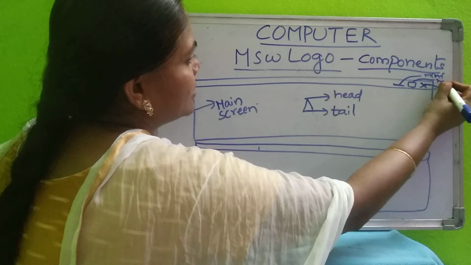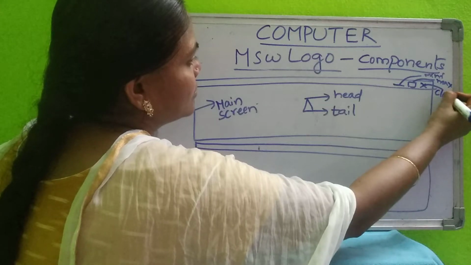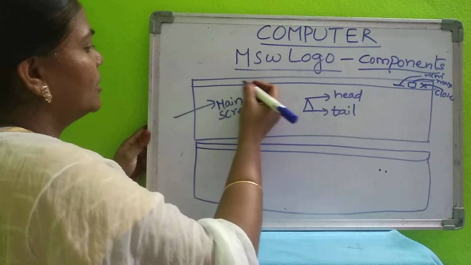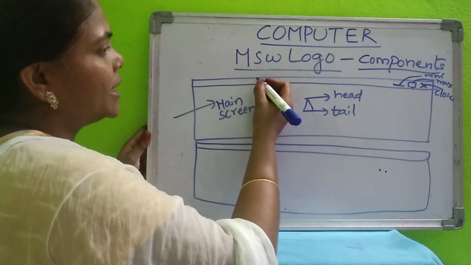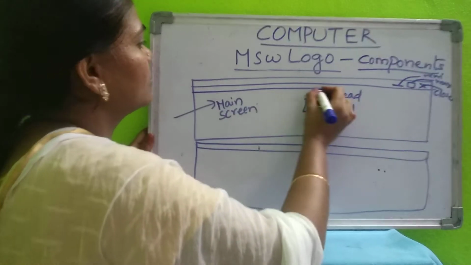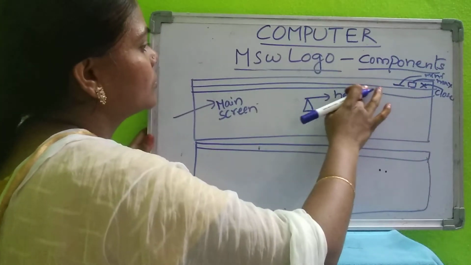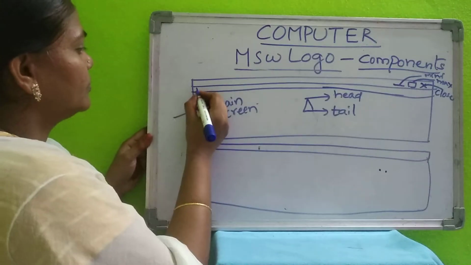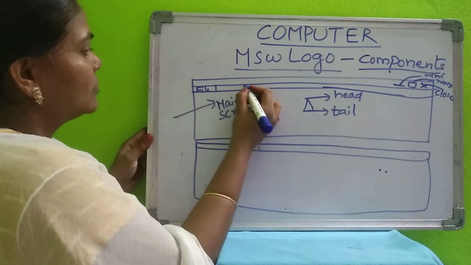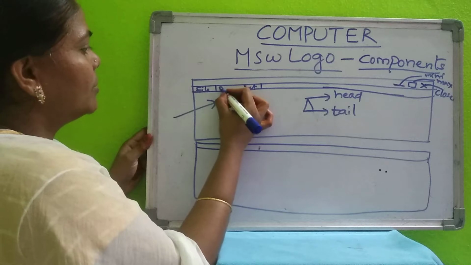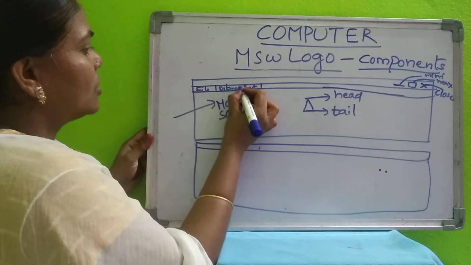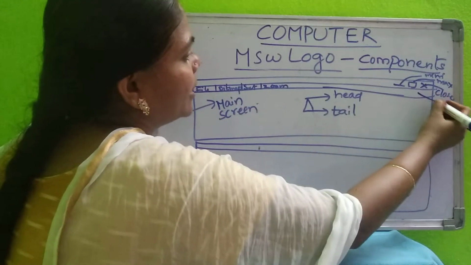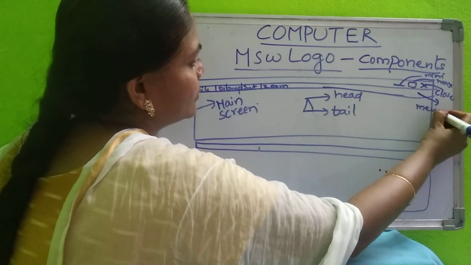Here we have the file, bitmap, zoom, and set options on the menu bar. So this is the menu bar.